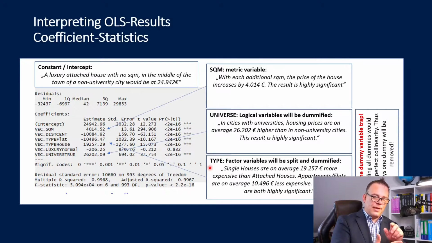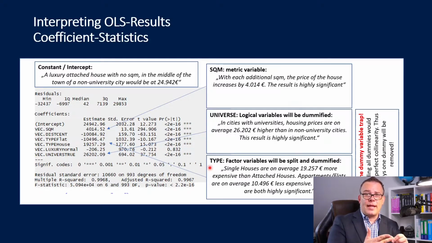Now, of course, if we know the first 2, like it is a single house, we have a 1 here, it is not an attached house, we have a 0 here, it is crystal clear that the last one must be 0. So this variable is definitely redundant. And the computer can't cope with that situation. The computer notices a multicollinearity problem, because having all 3 makes the computer unable to solve the problem, and accordingly the computer has to remove 1.